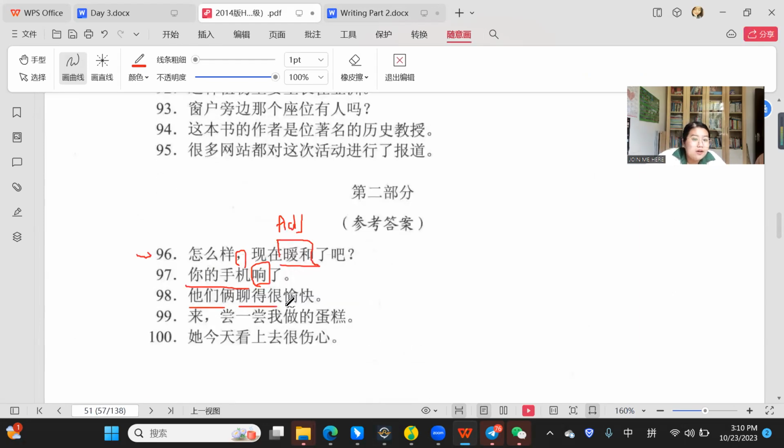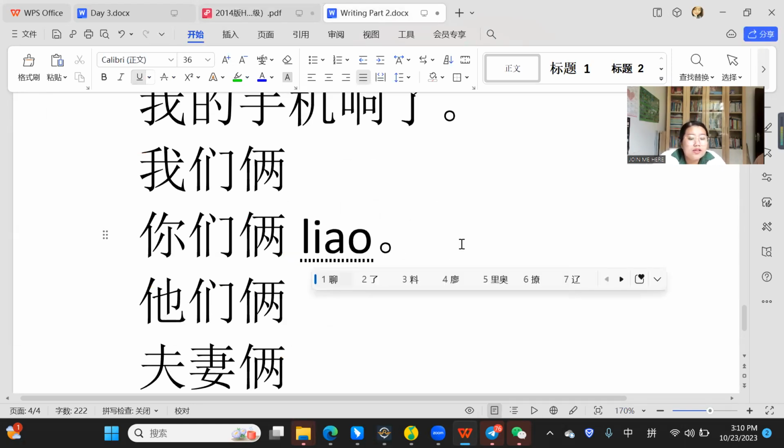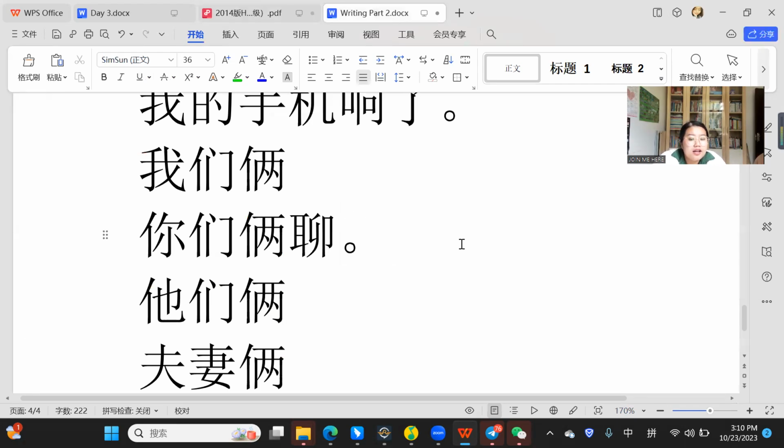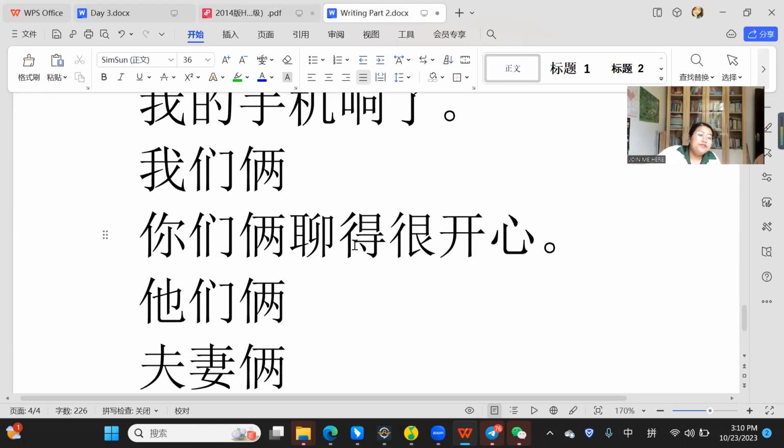And I guess on the right, 他们俩聊得很愉快, but then they are using the adjective. So you can even say 他们俩聊得很开心。You can even say the adverb and adjective.